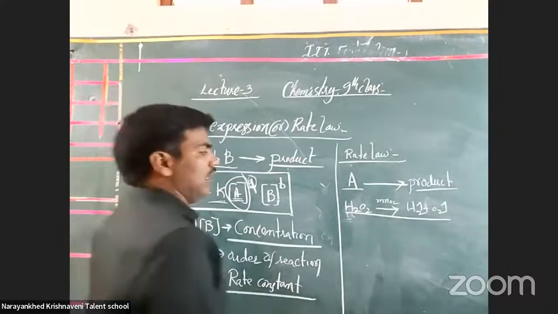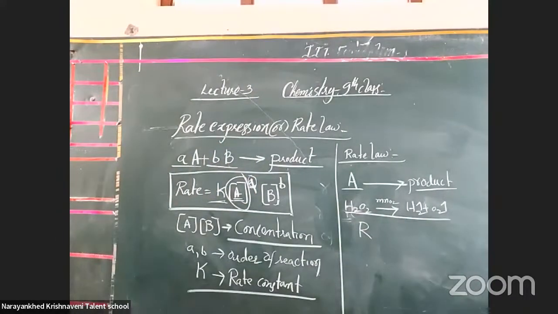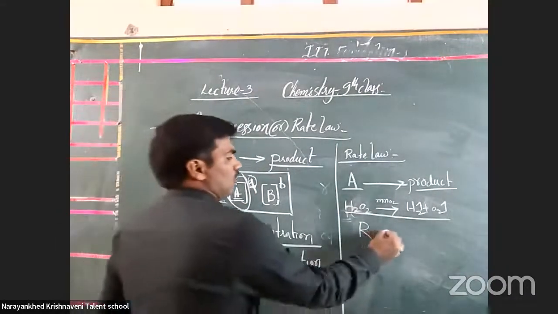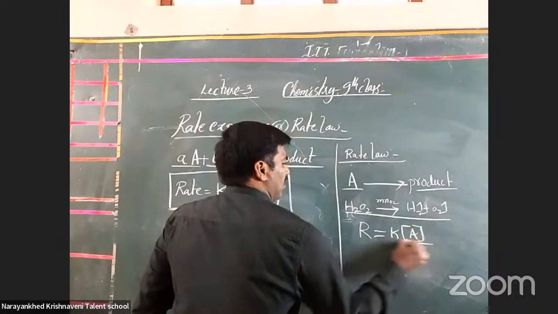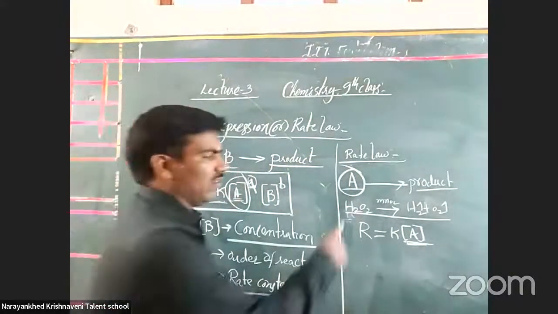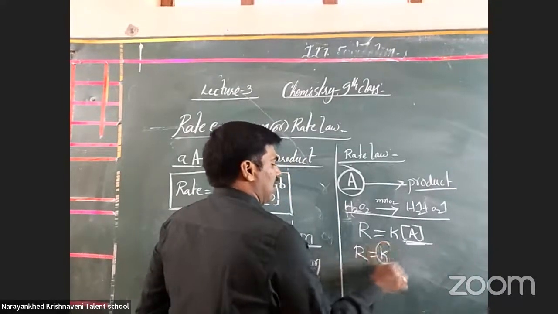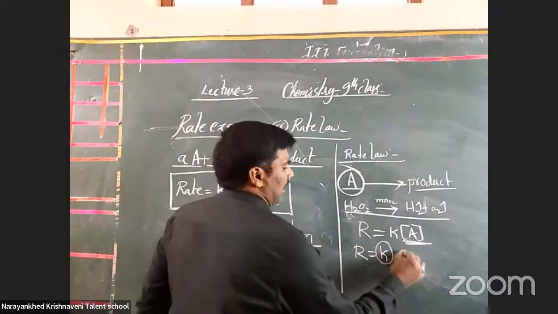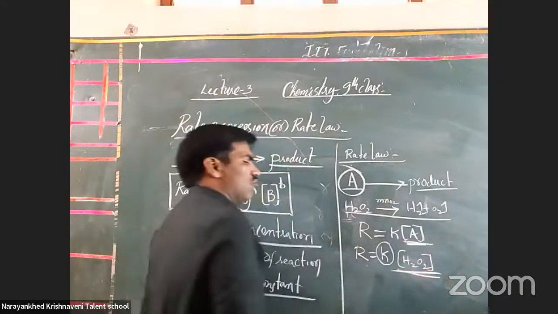Simply, the rate of reaction is R. R is equal to K into the concentration of A. What is this K? The rate constant, and the concentration of this reactant. For this reaction, I want to write the rate of reaction, where K is a constant, and I write the concentration of H2O2.